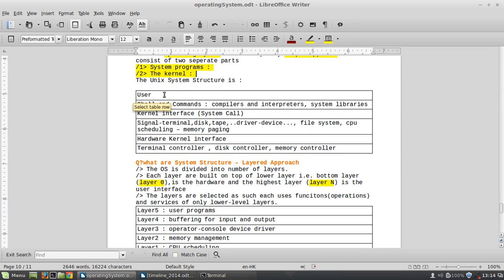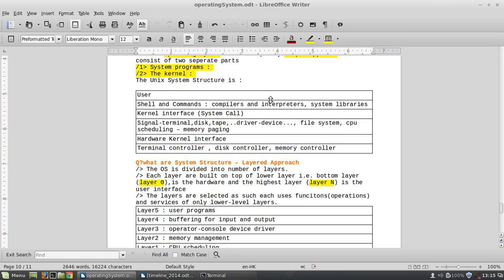You can see it consists of the user, and then the shell and commands, which consist of compilers, interpreters, and system libraries, whereas it also consists of the kernel interface, that is the system call. Then there are signals, terminal, disk, tape, device drivers, file system, CPU scheduling, memory paging, everything is present here.